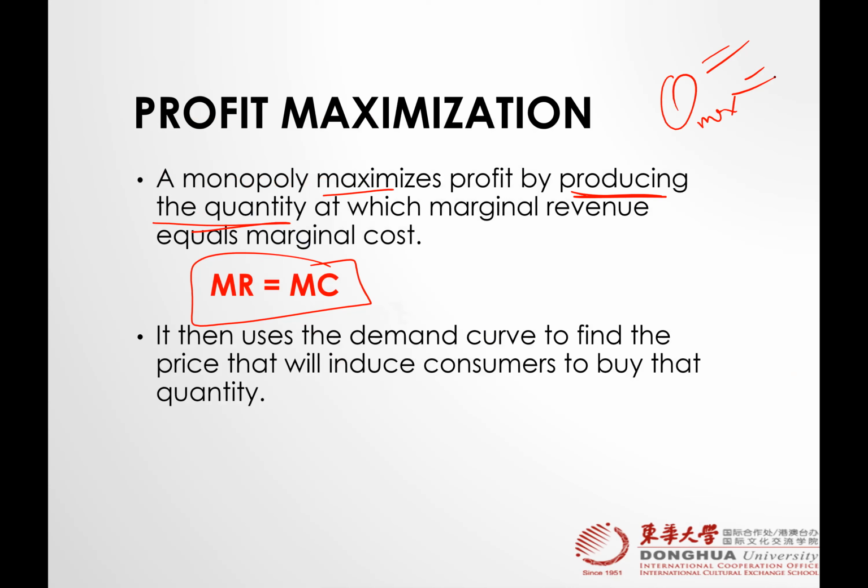So recall our discussion in the perfect competition market in which we talked about MC equal to MR. We find that point to find out the quantity that is going to give us maximum profit. So similarly, in monopoly, we'll find out which point is going to give us the maximum profit quantity. Let's talk about this.